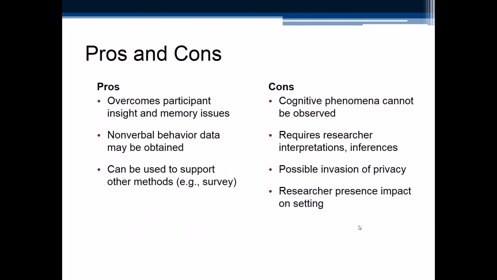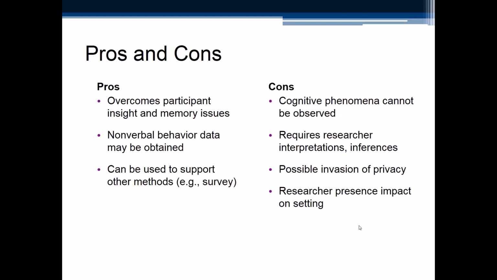To sum all of that up, we can think about the pros and cons. So the pros of observational research is that it does overcome those issues with participants lacking insight or an awareness into how they typically behave or have behaved in the past or are likely to behave in the future. Instead of that, we're looking at their actual behaviors.